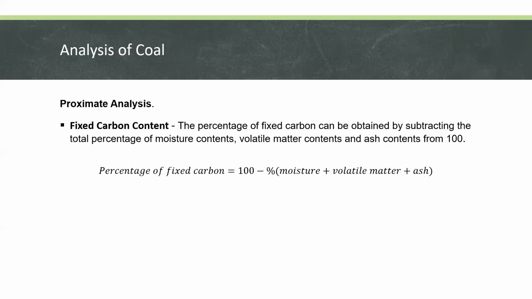Low volatile matter also reduces the coking property of coal. Ash, being non-combustible, reduces the calorific value of coal. Ash deposition also causes problems in the furnace walls, and the ultimate disposal of ash is also a problem. So, the higher the percentage of fixed carbon, the higher is the calorific value, and the better is the quality of coal.